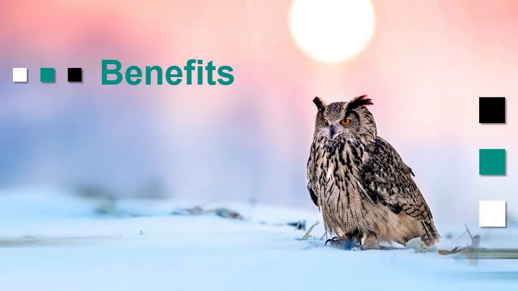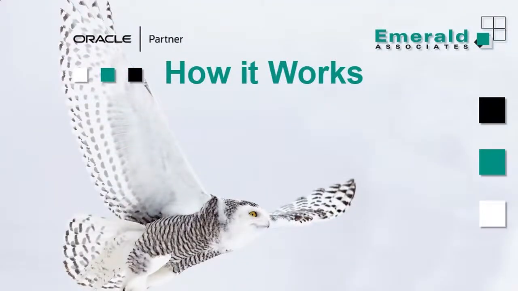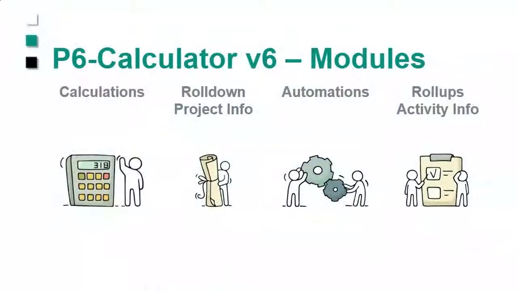So I'm going to jump in and show it to you in a second, but let me give you a quick concept of how it works. What we do is identify something that you want automated. So what is the calculation that we're looking for? Some of the calculations we have out of the box are roll downs and roll ups.